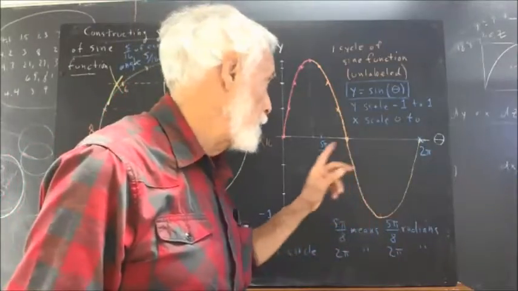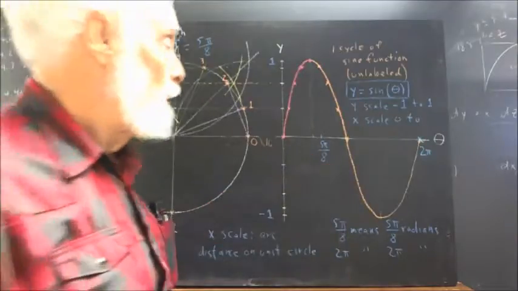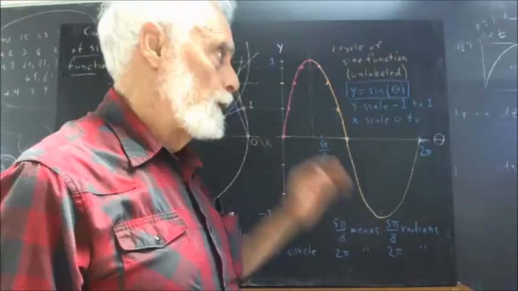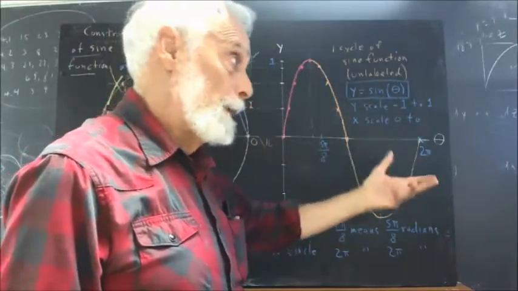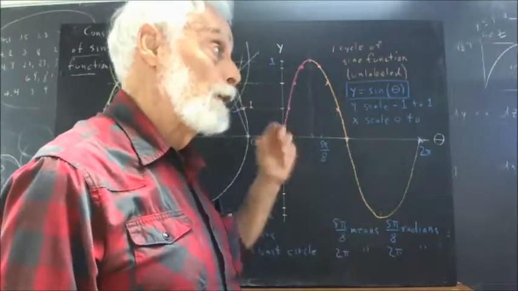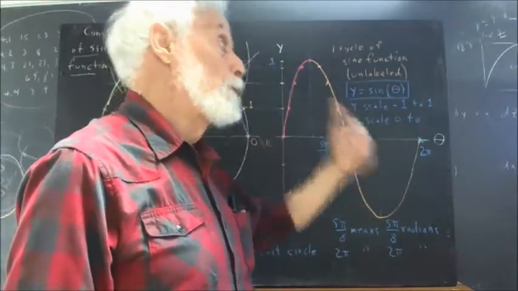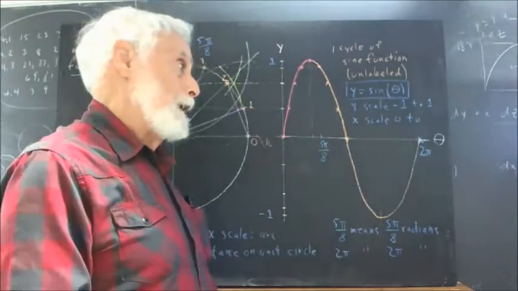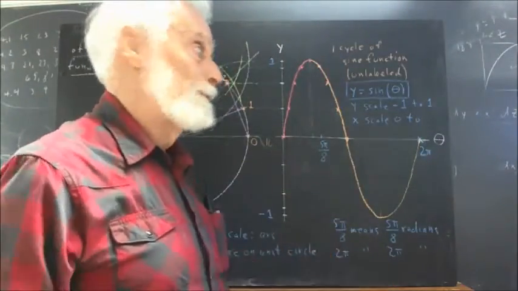We don't have to say radians. If we just say the angle is 5 pi over 8 and don't put any units on it, the units are automatically in radians. If you don't put units in your angle, they're in radians. So if you want to talk about a 30-degree angle, you don't call it 30. You call it 30 degrees. If you call it just 30, it means 30 radians. It's totally illiterate to use something like sine of 30 to indicate the sine of 30 degrees.